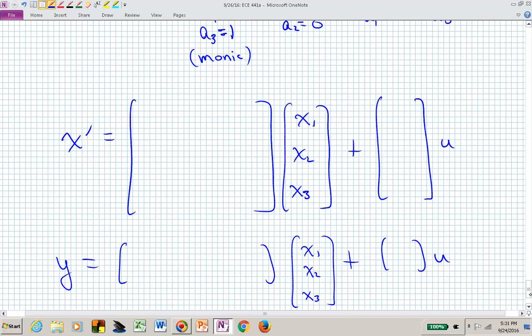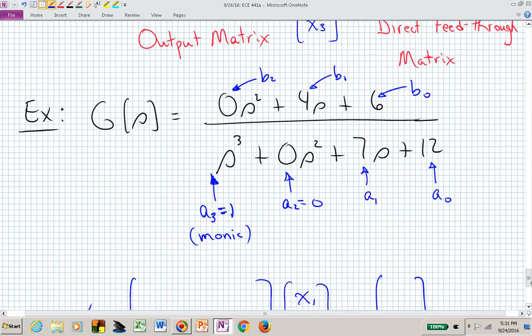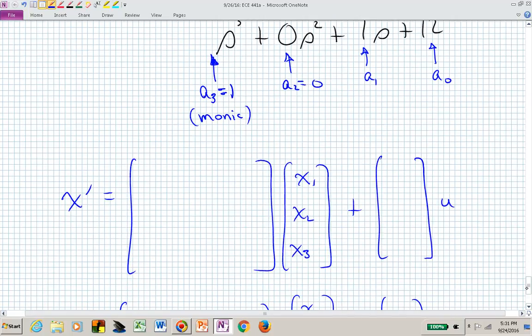But now we have what is a sub 2? It's actually 0. So we had minus a sub 2, minus a sub 1, minus a sub 0, and we put in the pattern 1, 0, 0, 1, 0, 0 to complete the A matrix.